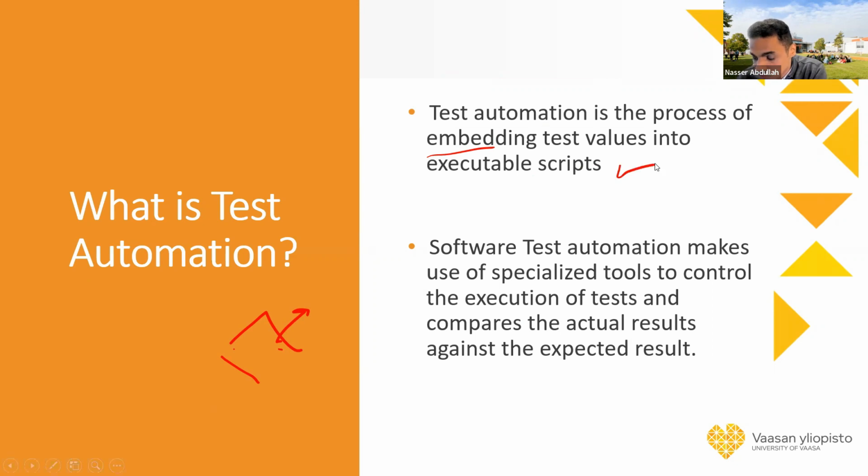The second definition: software test automation makes use of special tools to control the execution of the test and compare the actual results against the expected results. So here are more details about this definition. We will use special tools, whatever they are. Today we'll use Selenium to control the execution of the test and compare.